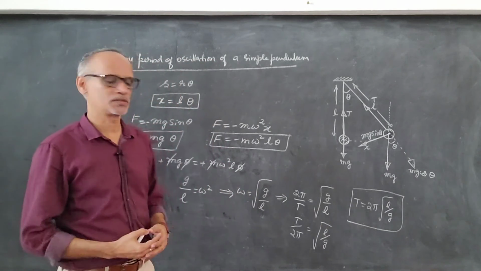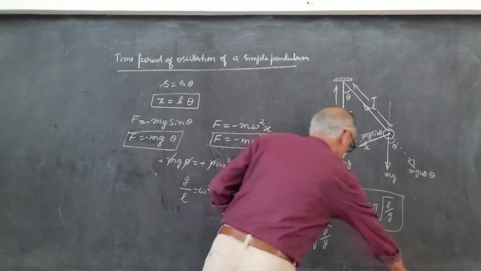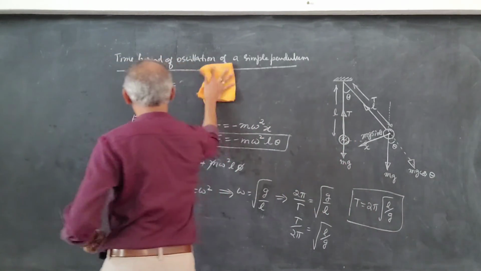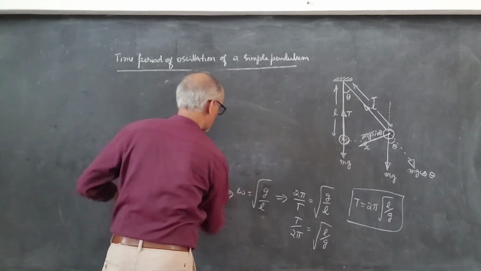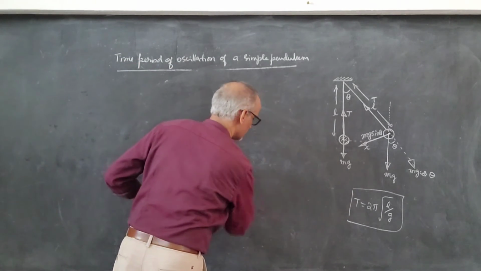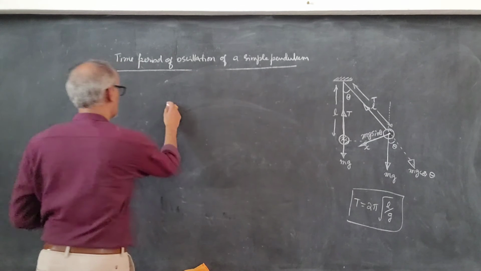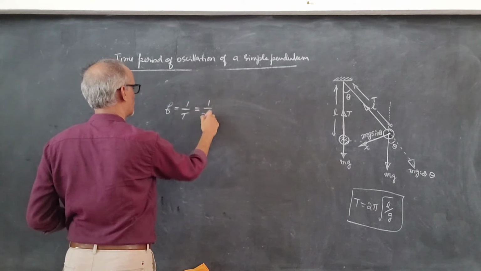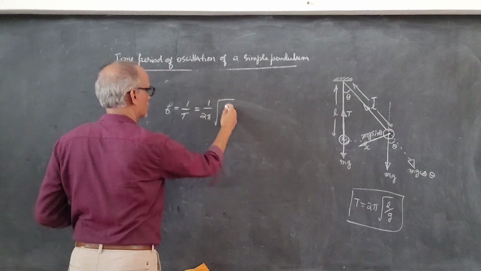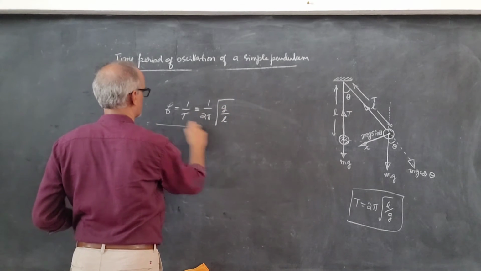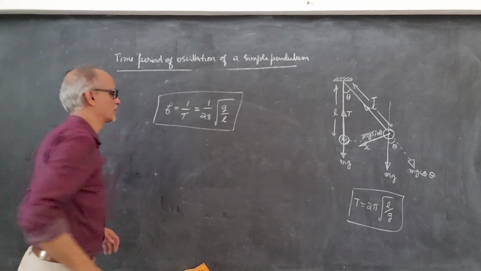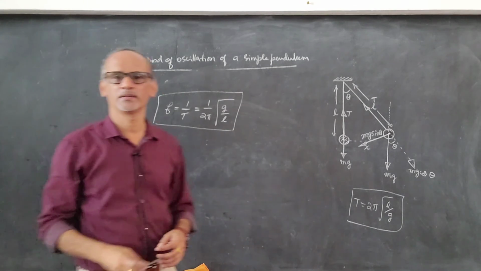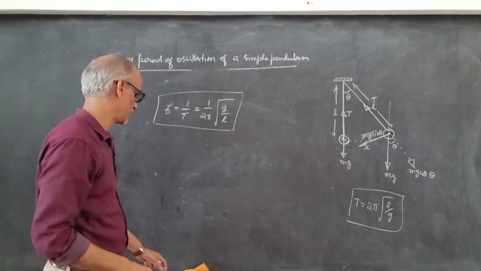If you want the expression for the frequency of oscillation of the pendulum, then take the reciprocal of it. So how to find the frequency of oscillation? f is equal to 1 by T. So we get 1 by 2 pi root of g by L. This is the expression for the frequency of oscillation of a simple pendulum.